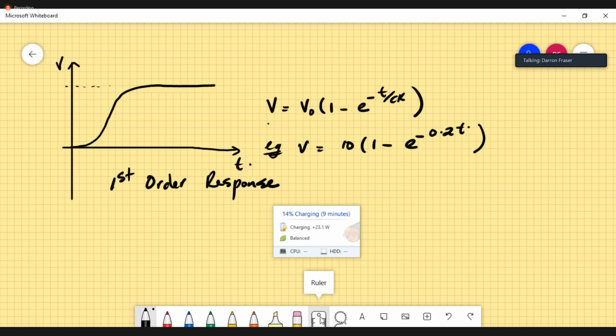Let us say that our output is a voltage, and the typical first order response for voltage and those types of things is V naught times (1 minus e to the minus t over CR).